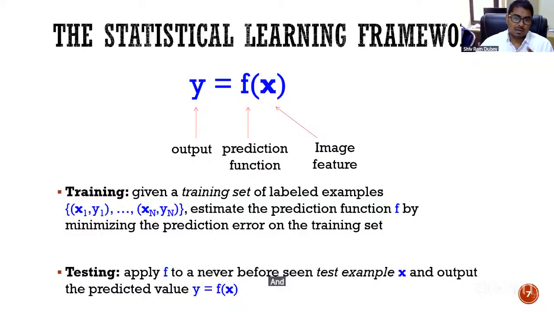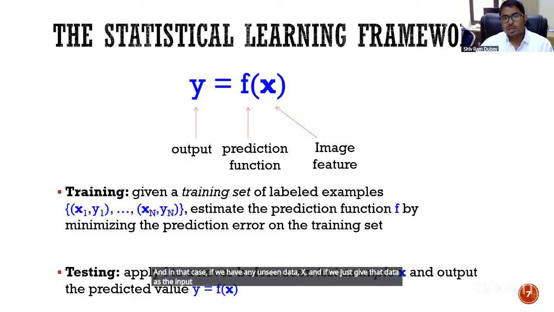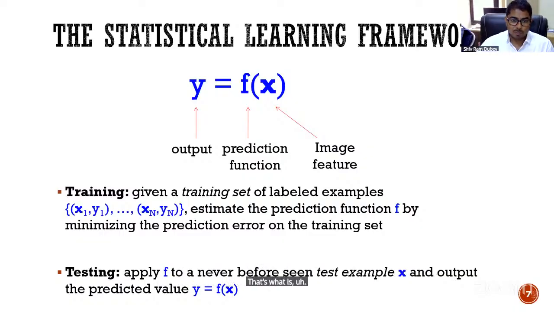In that case, if we have any unseen data x, and we give that data as the input to our function f, then our function f will be able to give the output, which is the class label y. That's the learning framework.